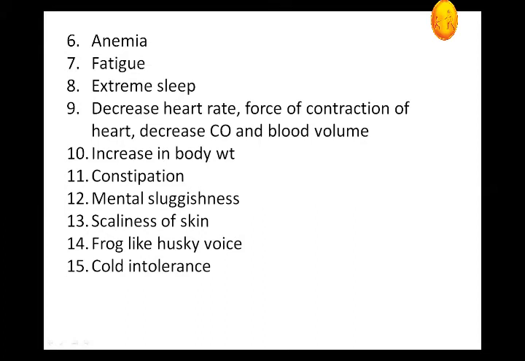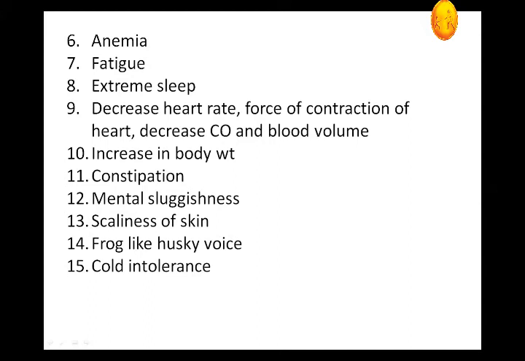Opposite to hyperthyroidism, where body weight decreases, here body weight increases. There is constipation, and mental sluggishness is there. I have seen one patient of myxedema. An important sign is scaliness of the skin.